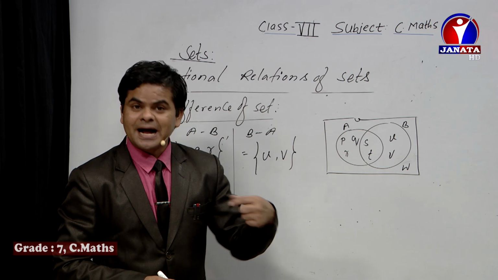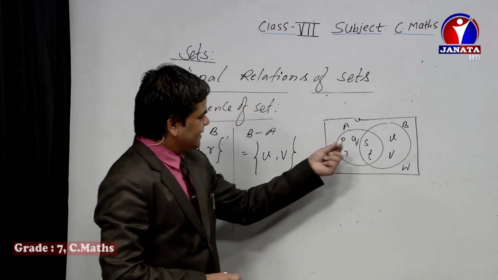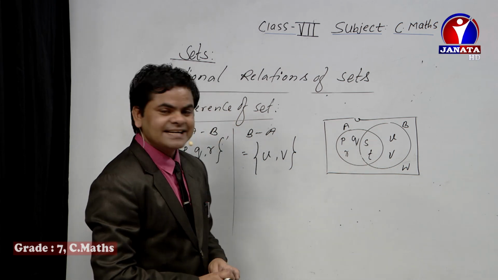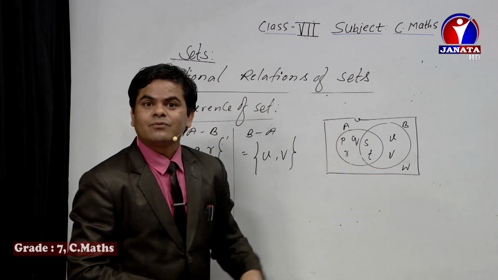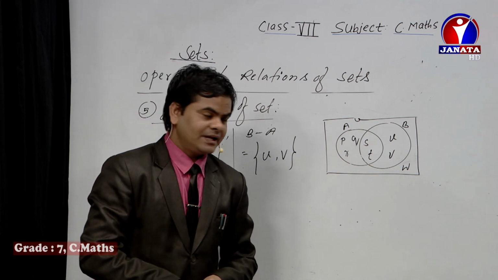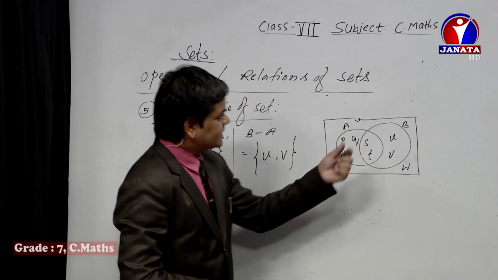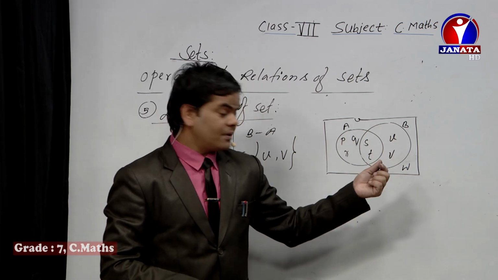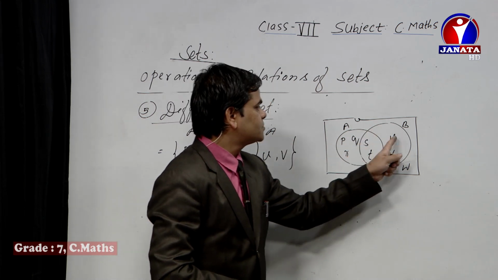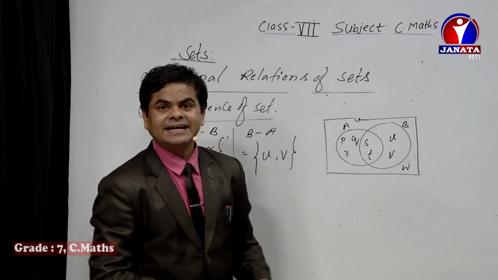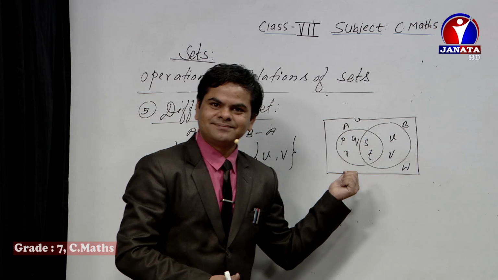get the chance to have both, they may like both, dear students. S and T like both, but P, Q, and R want to have only apple. If they get banana, they do not want to take banana. Similarly, U and V refer to those two people who just like banana. Even if it is free of cost, they don't want to take apple.